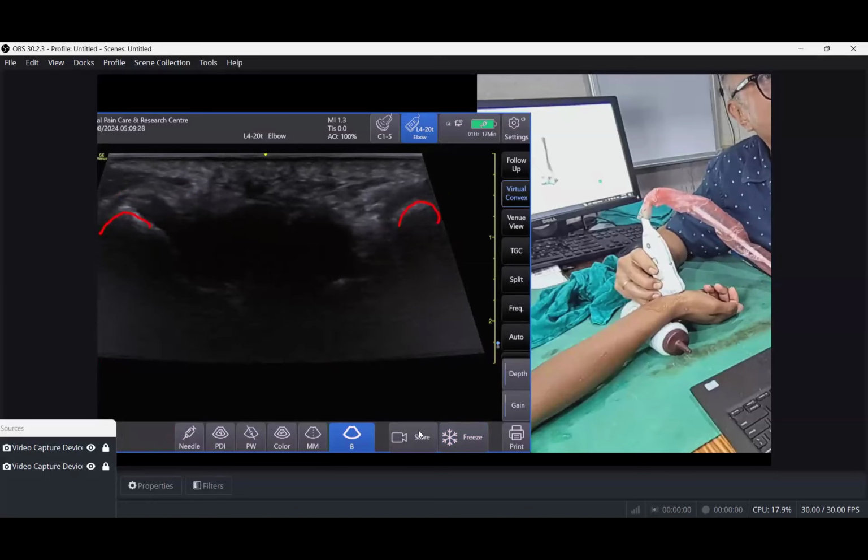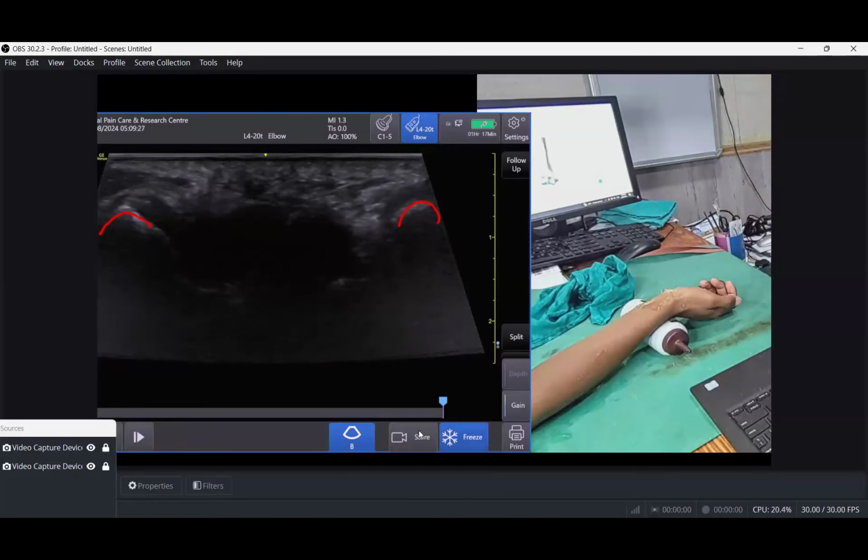Okay, and if I freeze here, you can see a small band-like structure extending from the scaphoid to pisiform. Okay, this one is the flexor retinaculum, which extends from one heel to another heel. So this one is pisiform, this is scaphoid, because this is the radial side and this is the ulnar side.